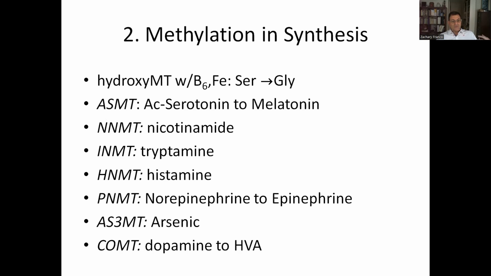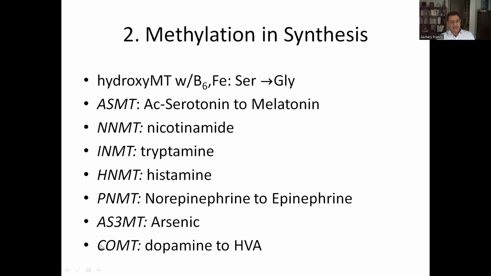We can detoxify it by adding a methyl group to the arsenic, so it's less toxic to us. And I'm not sure if you can see the bottom row, but COMT will convert dopamine to homovanillic acid. This one is an important one, so I wanted to say something about COMT.